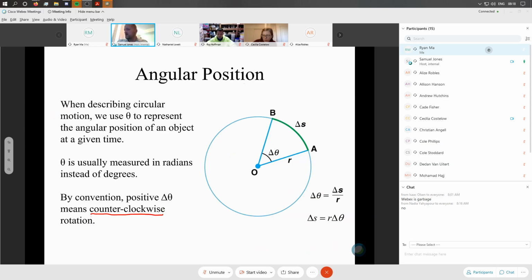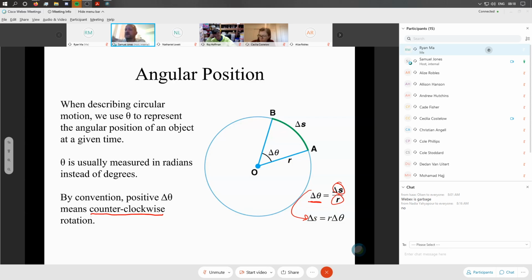Conversely, if I were rotating clockwise, delta theta would be considered negative. And remember, the change in angle is the ratio of my arc length to the radius of the circle. I can rearrange this equation and solve for arc length: arc length equals radius times change in angle. And you've probably seen that before.